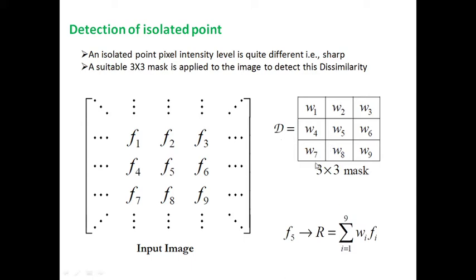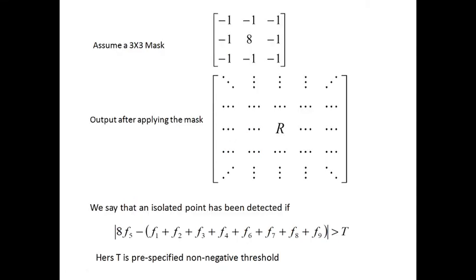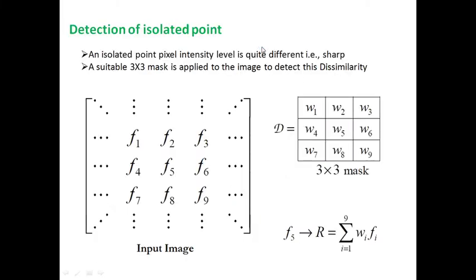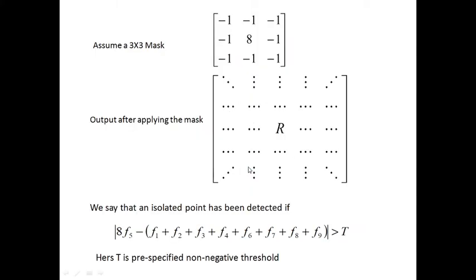So how does the process work? Let me take a 3x3 mask: -1 -1 -1, -1 8 -1, -1 -1 -1. This mask is convolved with the input image, as you know how to do image convolution operations.